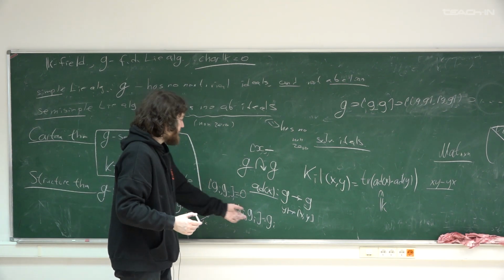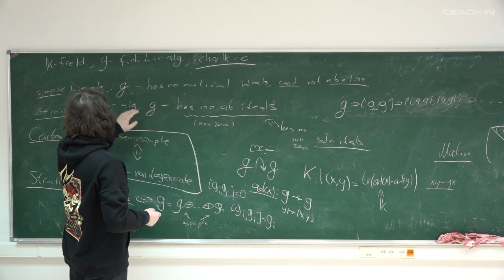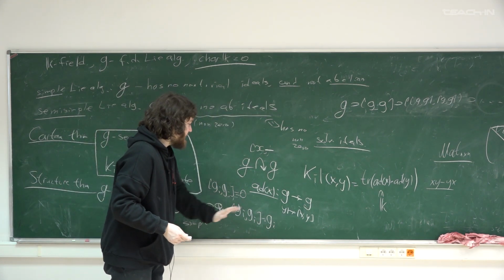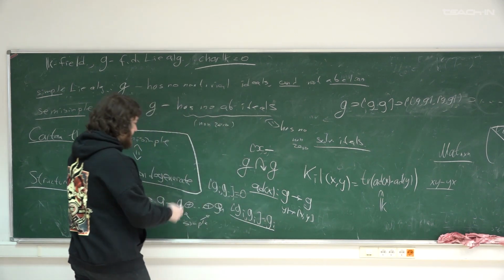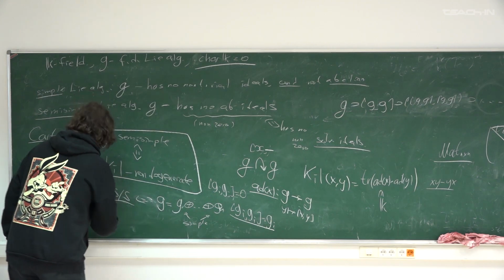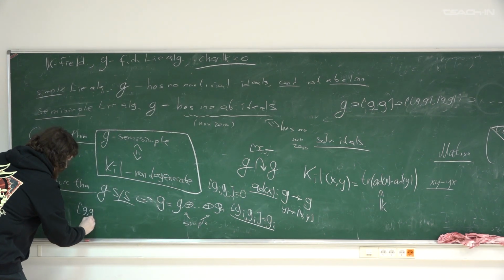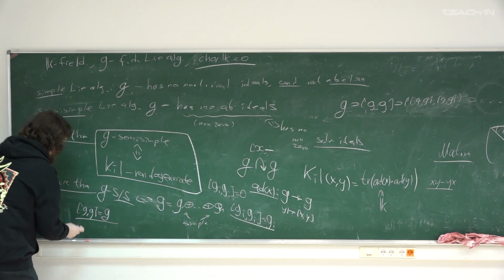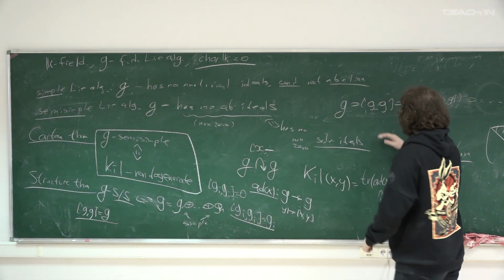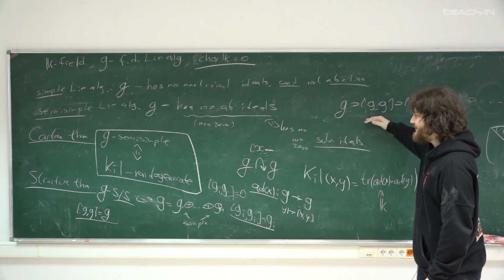It cannot be 0 because Gi is not abelian by definition. So it must be Gi itself. From these two facts, we obtain that for a semisimple algebra, the commutator of G is G itself. So it's a kind of counterpart of solvable algebras, semisimple algebras.